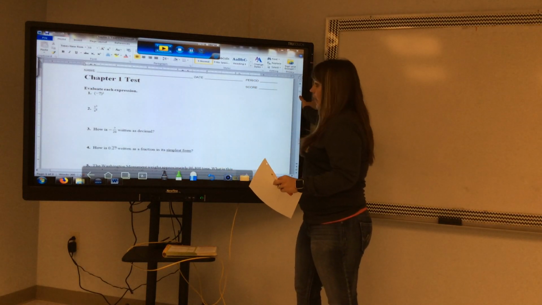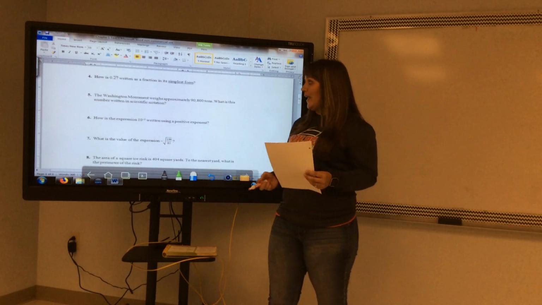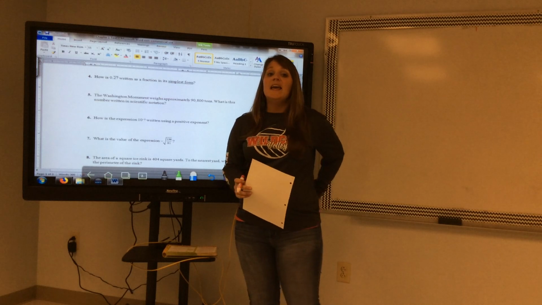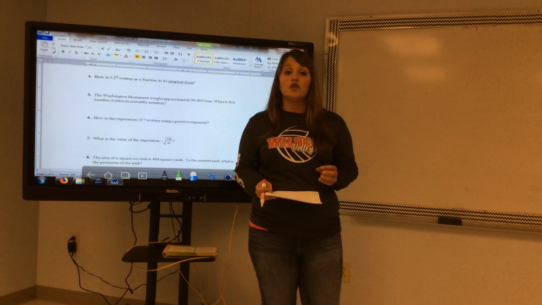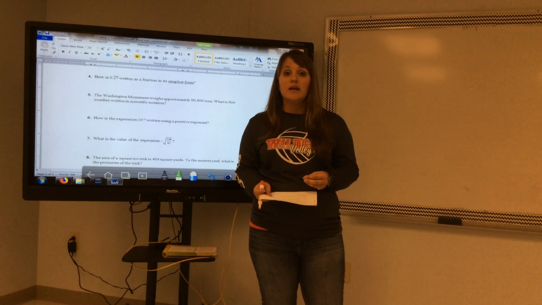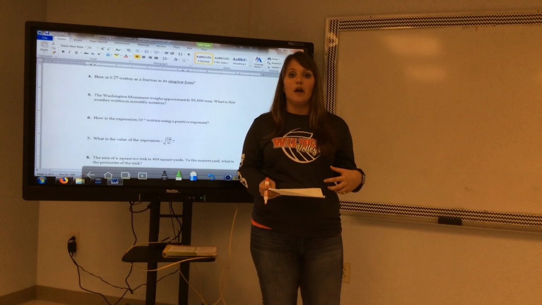Moving further, number 4 says, how is 0.27 repeating written as a fraction in its simplest form? The first thing you have to remember is the trick for repeating decimals. Depending on how many digits repeat, that's how many 9s go in your denominator.